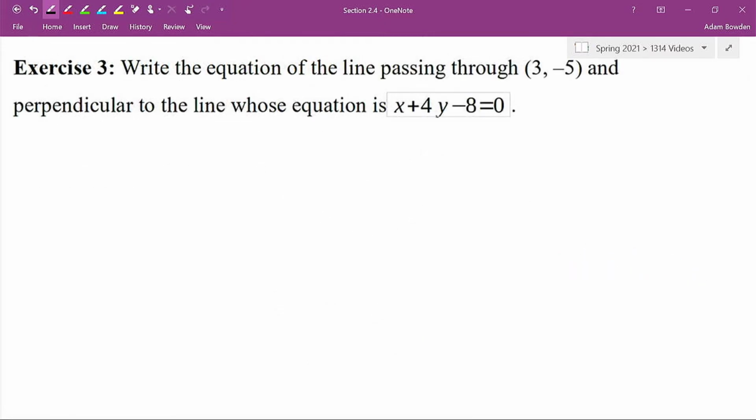This one says, write the equation of the line passing through the point (3, -5) and perpendicular to the line whose equation is x plus 4y minus 8 equals 0. So this one needs to be solved for slope-intercept form.